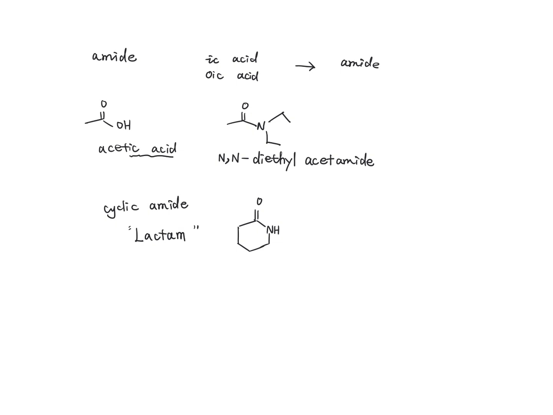It follows very similar rules to lactone, in that we can number the carbons. The carbon-oxygen double bond carbon gets 1, and then 2, 3, 4, 5, so we can call it 5 lactam. Or we can use alpha, beta, gamma, and delta, so this can also be called delta lactam. So make sure that you know lactam is a cyclic amide. That is the end of this video.